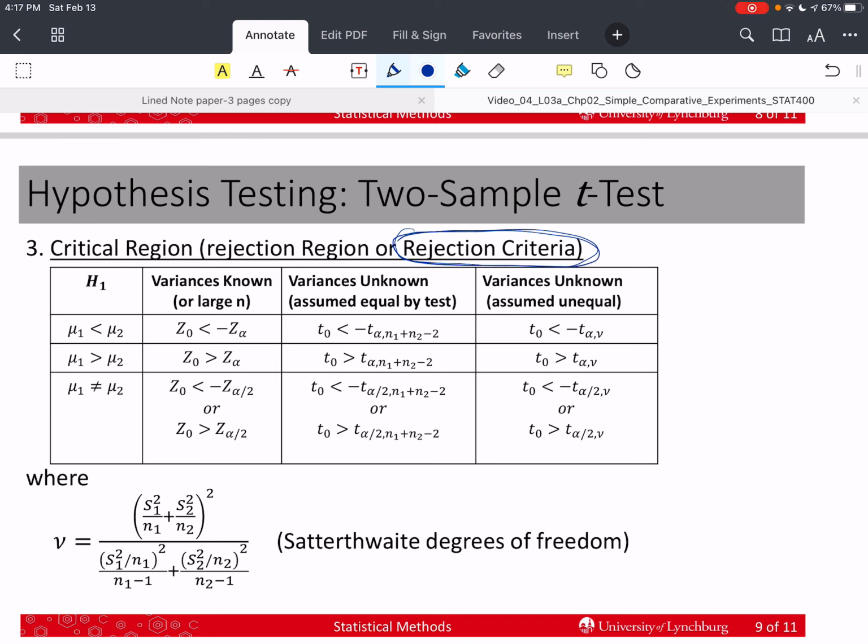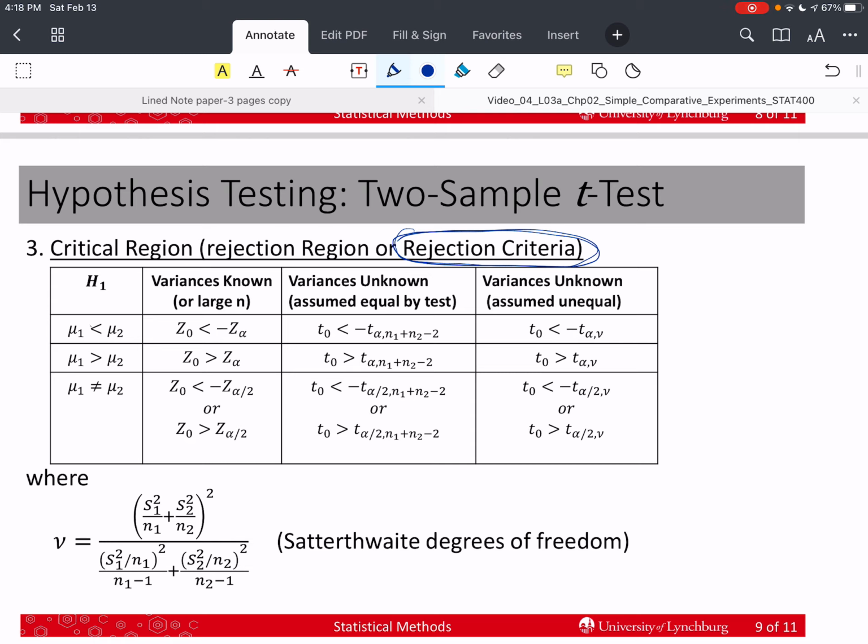I like to call it that because in this table, we have the criteria under which we will reject the null depending on which alternative hypothesis we have. So the alternative hypothesis determines the rejection criteria for the test. The null hypothesis is always the same, mu1 equals mu2 in this case, for a two-sample test.